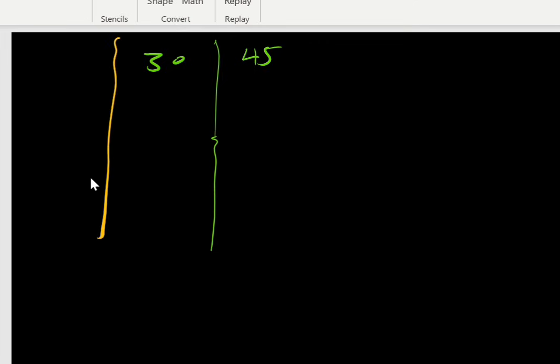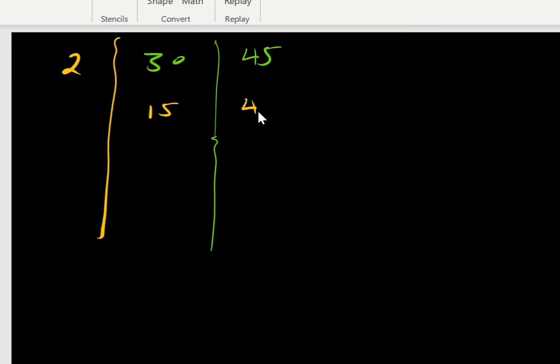So the LCM of 30 and 45. I'm going to do it quickly. So here we have 30 and 45. I'm going to start by 2. So that divided by 2, you get 15.